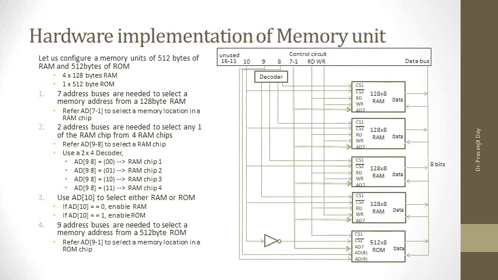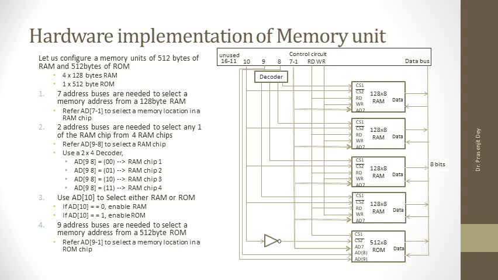Here you can see that read and write controls are going into all the chips, into the read and write input ports respectively. And also you can see that address bus 1 to 7 is going into all RAM and ROM chips. Similarly, address lines 9 and 8 are going into the decoder.